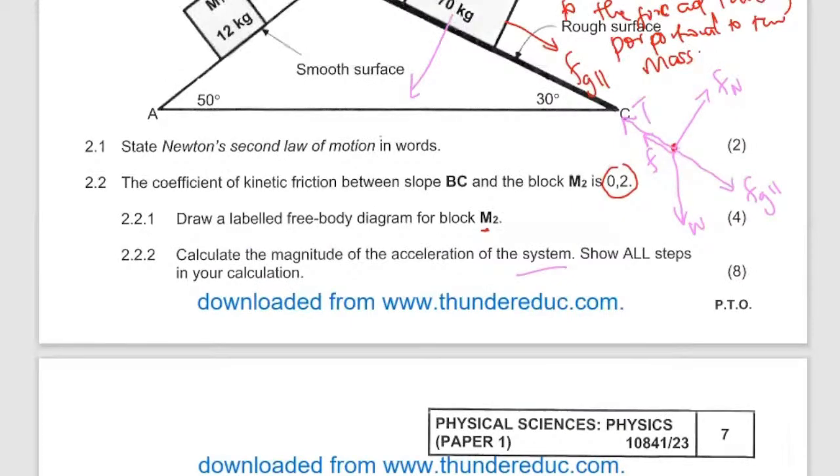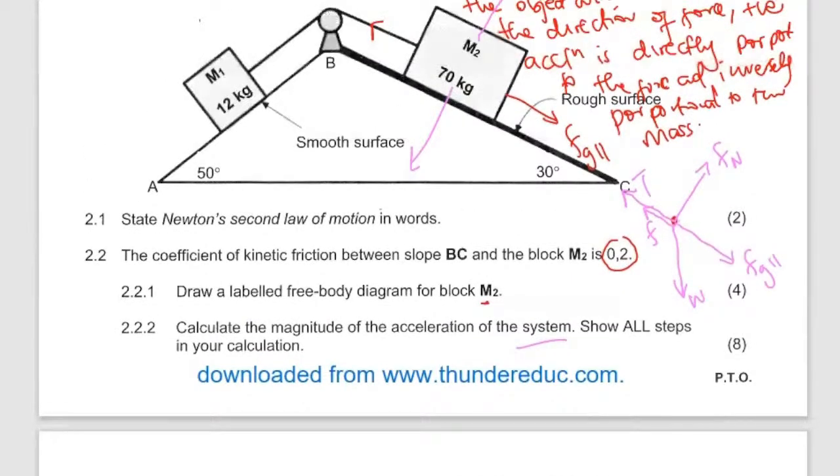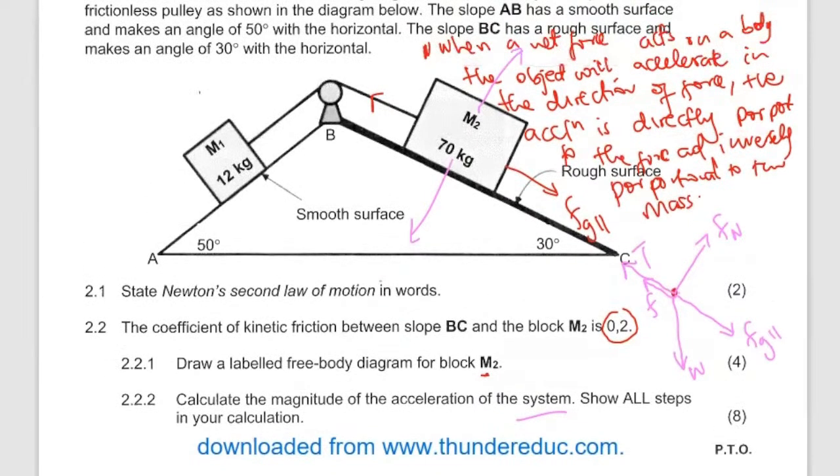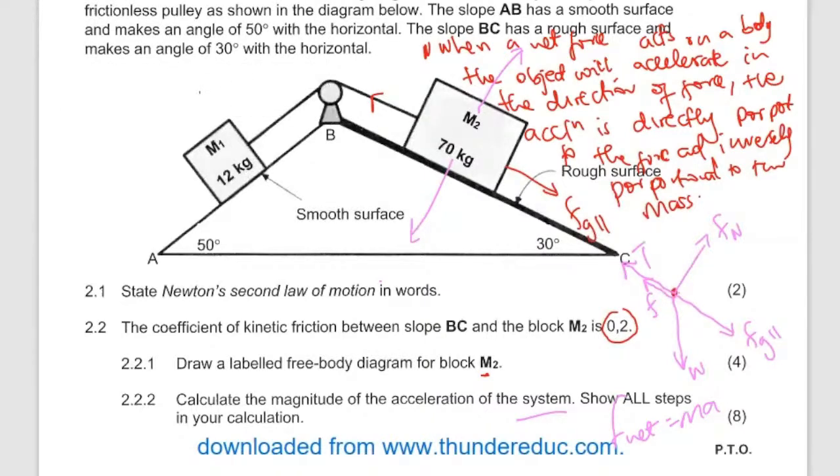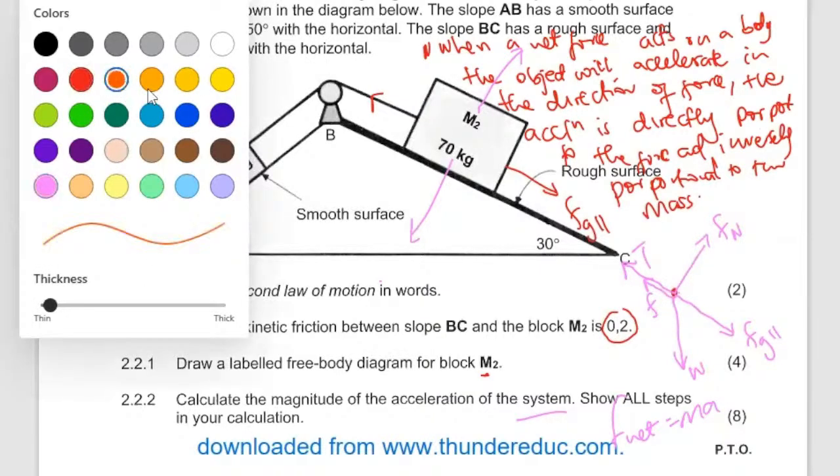Okay, so for us to get the acceleration of the system, either we look at the two bodies combined at once, which will give us the option of eliminating the tension, or we just look at the second law of motion, F net is equal to MA, so that we can get our net force and then the acceleration in return.